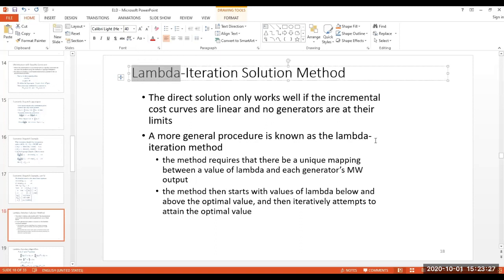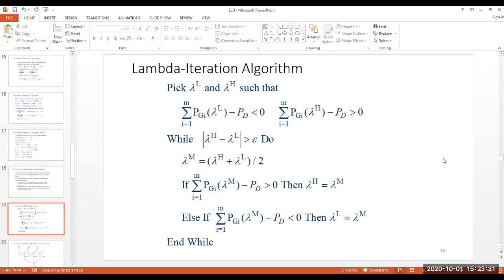Let's see how we do this in this slide. This is in short the steps of the lambda iteration algorithm. As you can see, very few steps are required. It's not a very long algorithm, and computationally it's not very involved. Rather, it's a very simple technique.